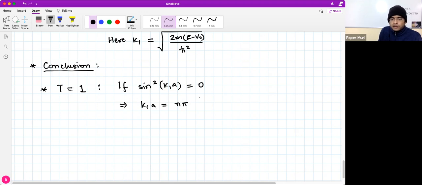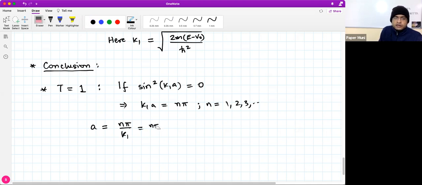So how are a, the width of the potential, and k related? This is how we get the n here: 1, 2, 3. Now a is equal to n pi by k1, which is n pi h cut divided by the square root of 2m(E minus V naught).